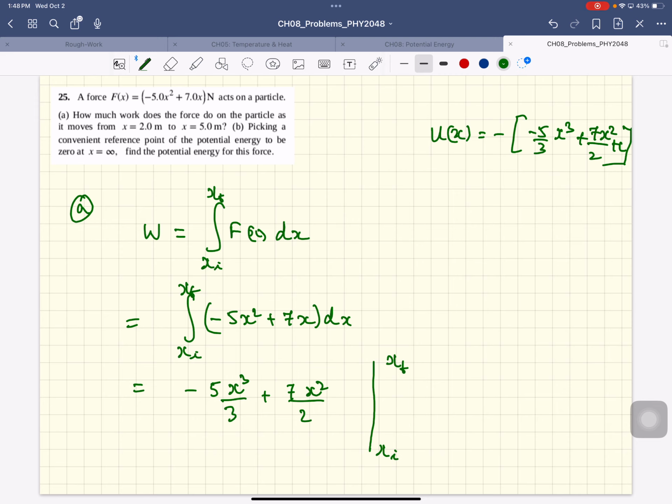Right, because you can always add a constant. You take the derivative of that, you'll get this. A negative of the derivative. So anyway.